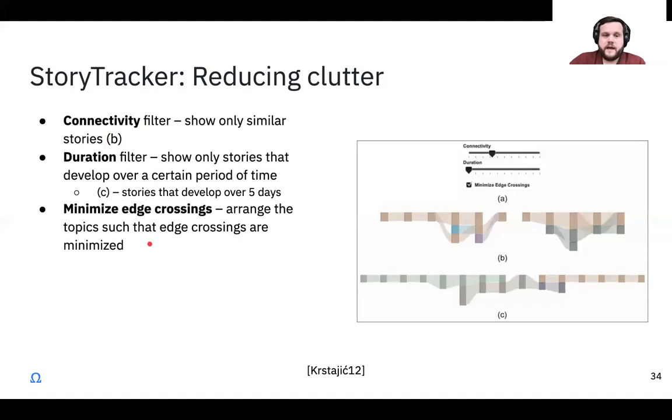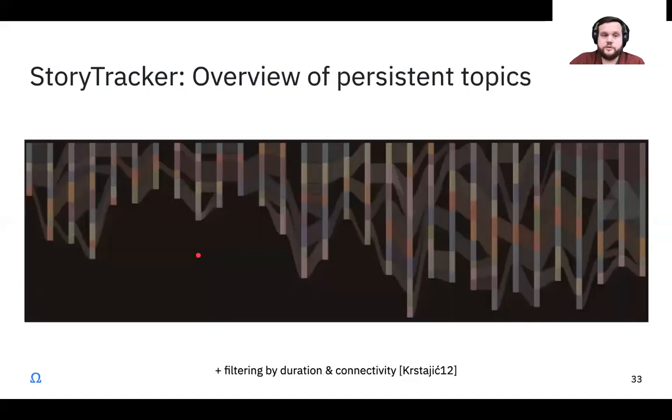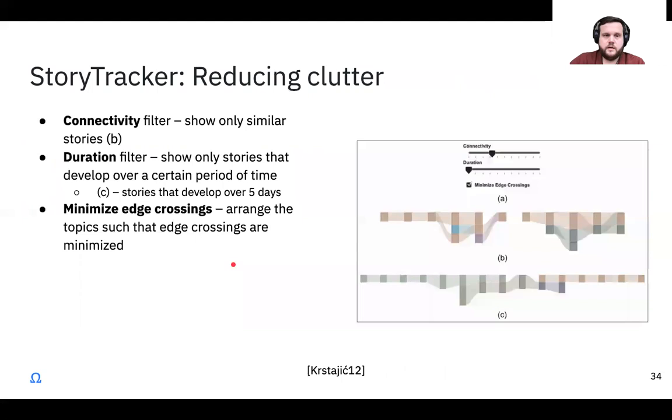And the visualization is arranged such that edge crossings are minimized. The ordering of these columns is arbitrary, so you select an ordering such that you don't cross too many of those edges with each other, because that leads to a cluttered or confusing display.